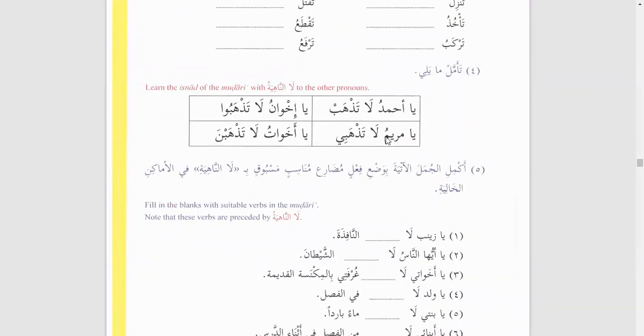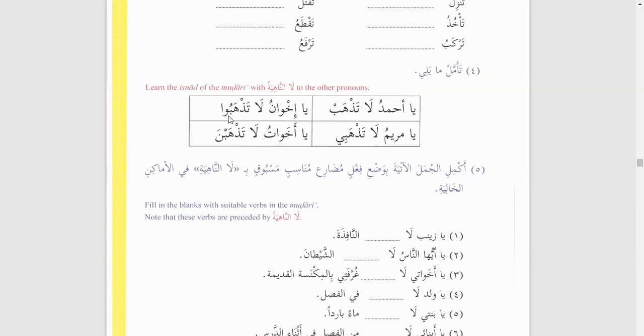Ta'ammal ma yali. Now we have to reflect on the following. Learn the isnad of the mudari' with la nahiya to the other pronouns. We learned in yesterday's class that for the singular it will be la tadhhab. For example, ya Ahmadu la tadhhab. And for the plural, ya ikhwanu la tadhhabu.